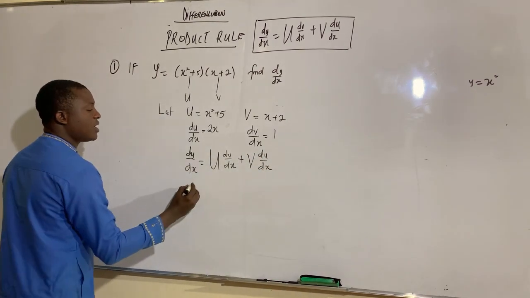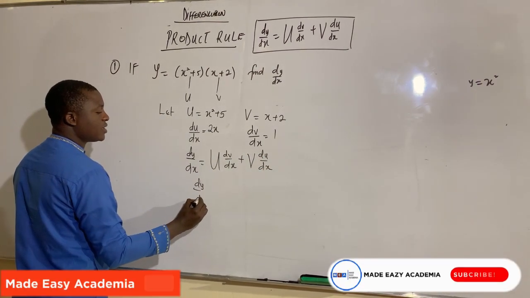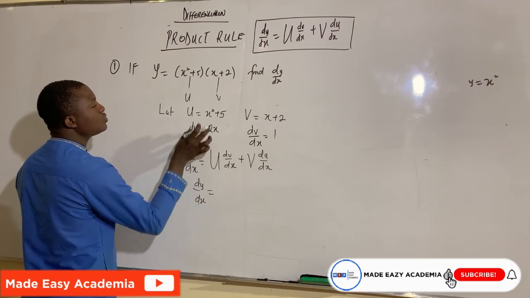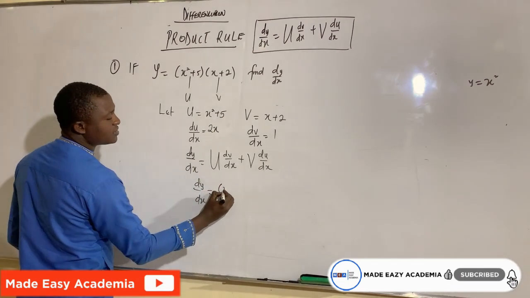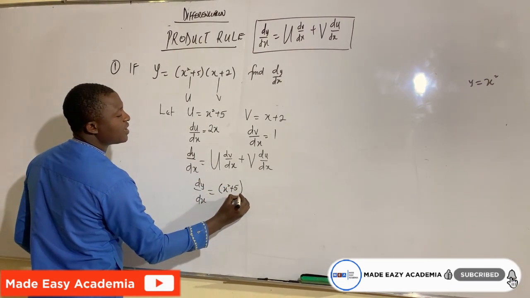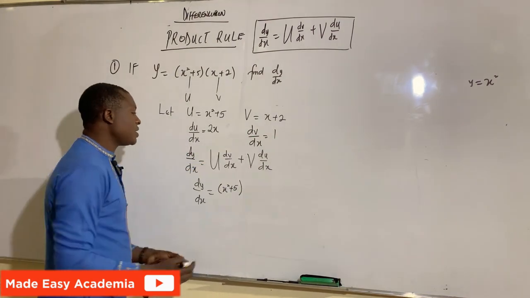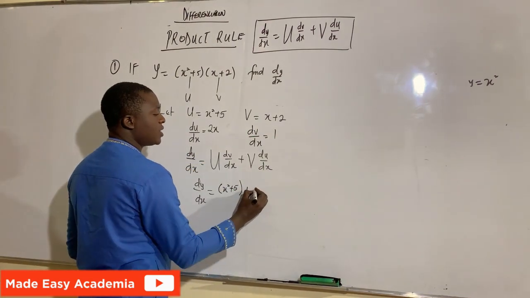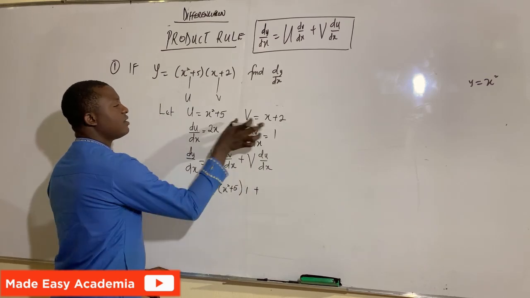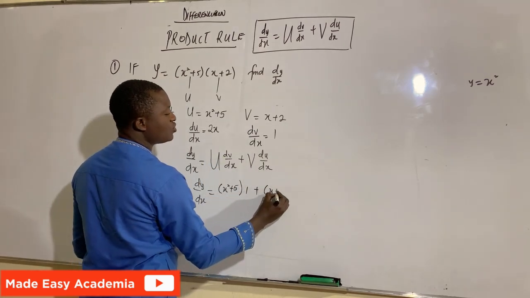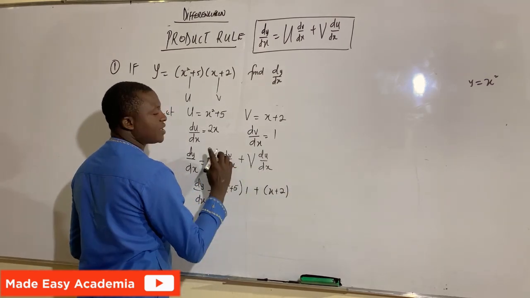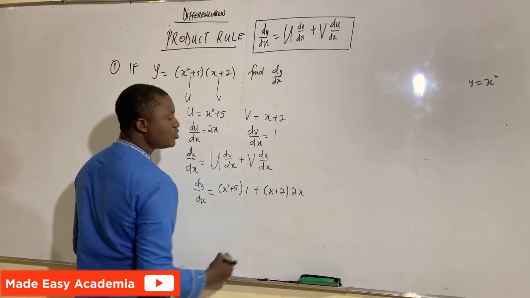So now we have dy/dx is equal to our u. Look at our u here. Our u that we have here is x squared plus 5. dv/dx is 1. We have dv/dx to be 1, plus v. Our v that we have here is x plus 2. du/dx is 2x.